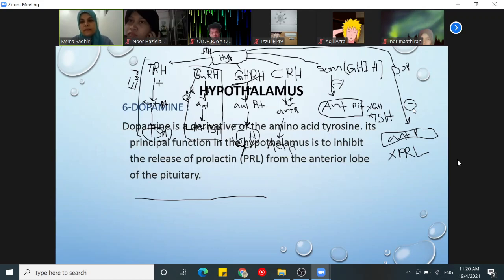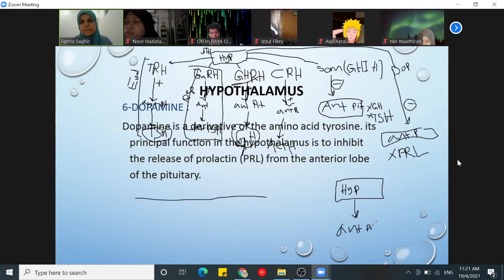So we can say in a simple way here, hypothalamus is affecting all anterior pituitary. Okay, it has direct effect on anterior pituitary.